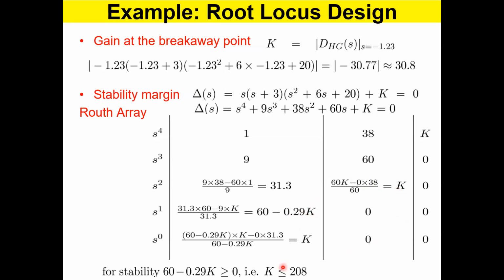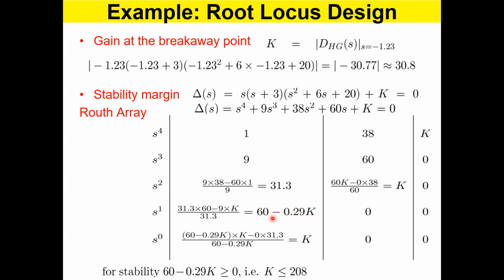So you can continue that. Now, the stability of the plant is maintained, right, as long as the coefficients in the first column here are all positive. So we know that 1 is positive, 9 is positive, 31.3 is positive.